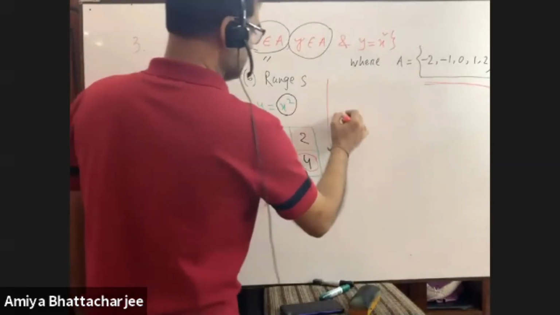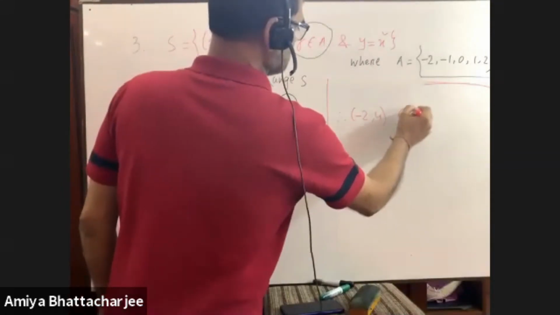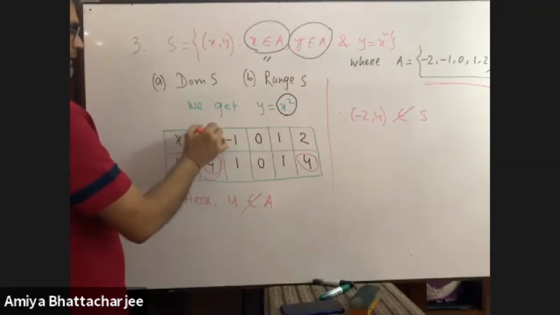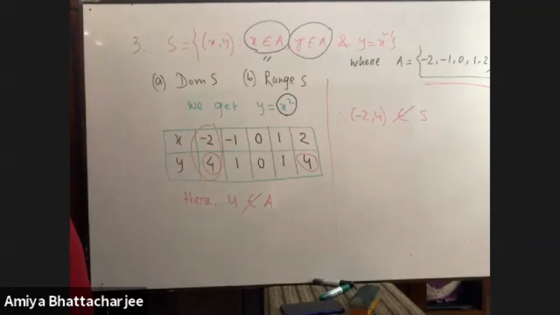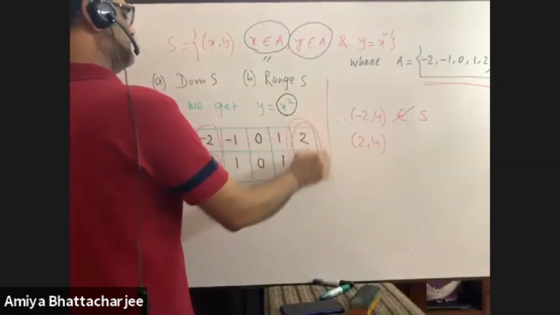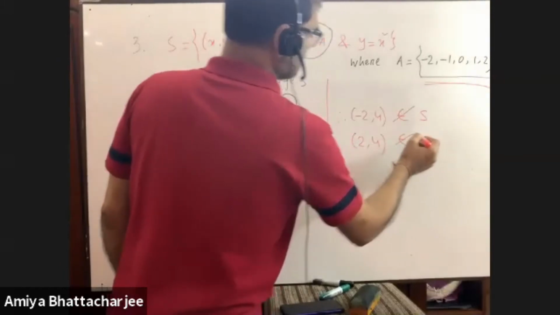Therefore, (-2, 4) does not belong to S. So this whole part does not belong to S, and in the same way, (2, 4) does not belong to S.